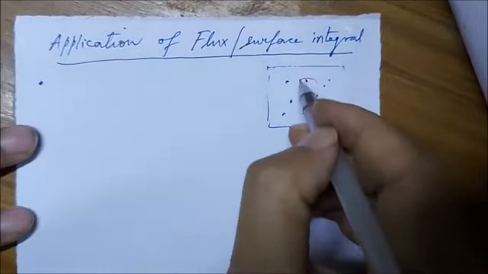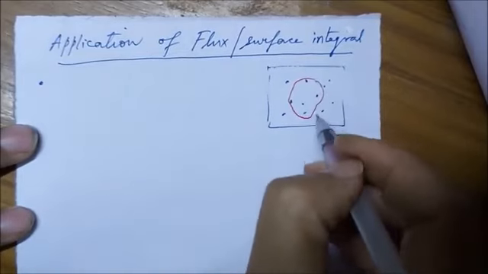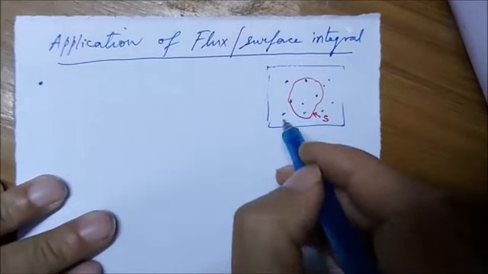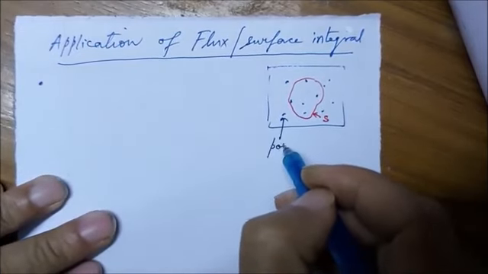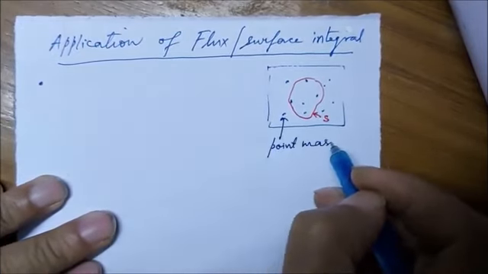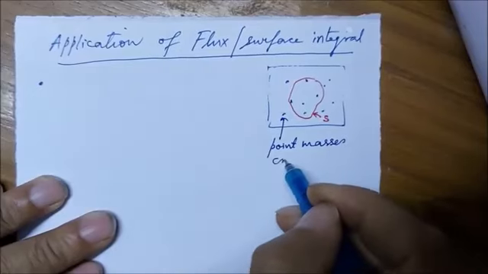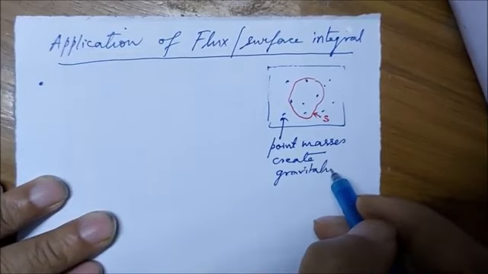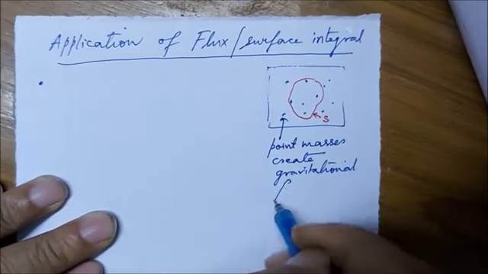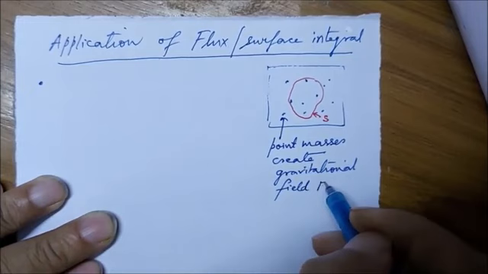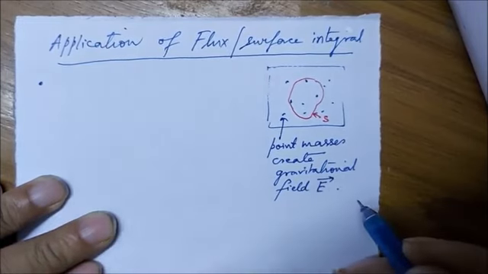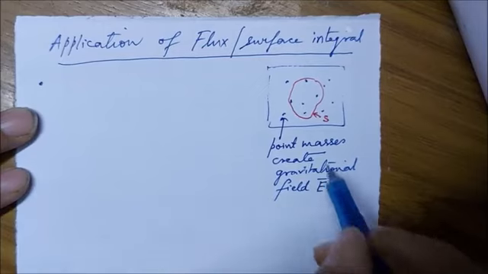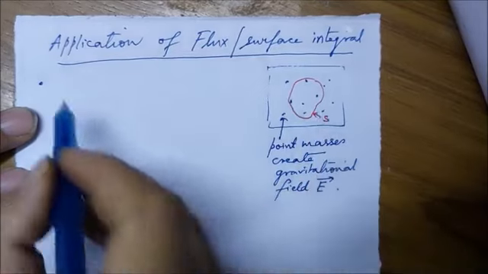In this region, let us consider any closed surface and let us call it S. These mass points or point masses create a gravitational field and let us denote it by vector E. So what will be the flux of vector E across the closed surface?